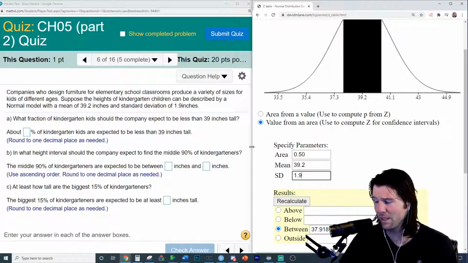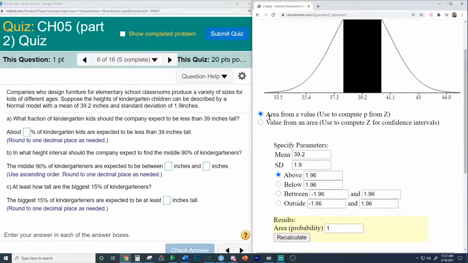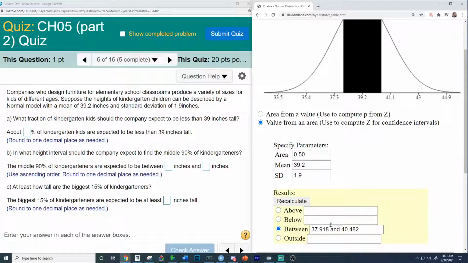Anytime you work these problems, realize you're talking about heights of children or something like that. So if you get something like 50, the answer is a bit ridiculous. So what fraction of kindergartner kids should the company expect to be less than 39 inches tall? Now, this one allows us to put in numbers and we get an area. So it says area from a value. This one allows us to put in the area and we get numbers back.